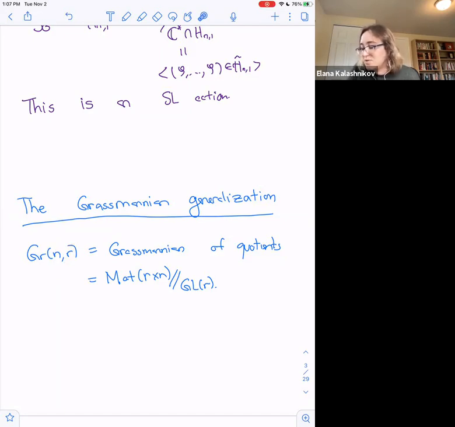And it's a GIT quotient of r by n matrices by GL_r. And so just like in the case of projective space, I'm going to define the generalization of the group in two steps. I'm going to take H tilde_{n,r} to be n-tuples of nth roots of unity, just like before.